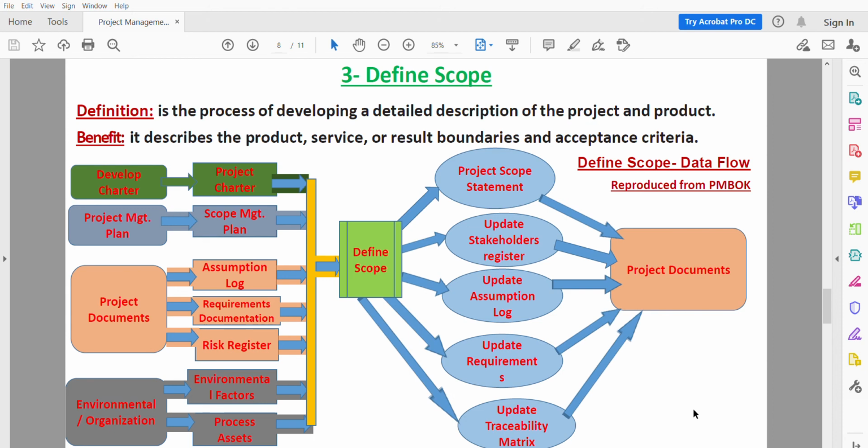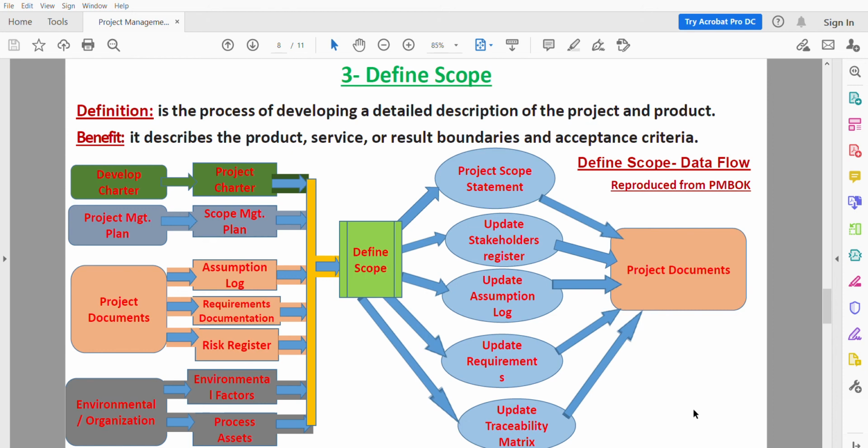The project scope statement documents the entire scope, including product and project scope. It describes the project deliverables in detail. It also provides a common understanding of the project scope among project stakeholders. It may contain explicit scope exclusions that can assist in managing stakeholders' expectations.